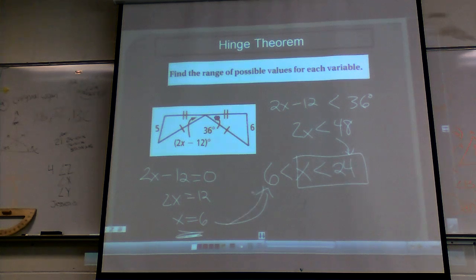This part right here just comes from the knowledge that I can't have an angle measure that's 0. So I have to have a lower boundary that would create a 0 angle, and I have to have a value that's greater than that to actually make a positive angle.